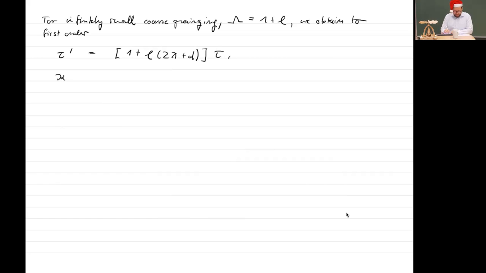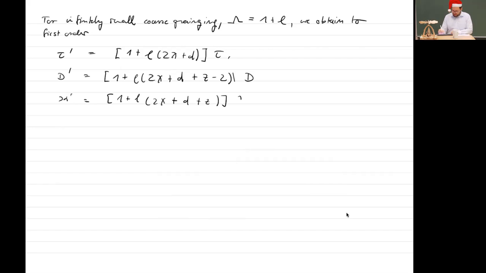We have kappa prime, and the next one in the list, D prime, is 1 plus L, 2 chi plus d plus z minus 2, D. Kappa prime is 1 plus L, 2 chi plus d plus z, times kappa, and gamma prime is 1 plus L, 3 chi plus d plus z, times gamma.